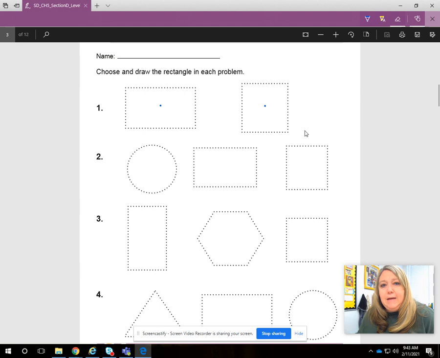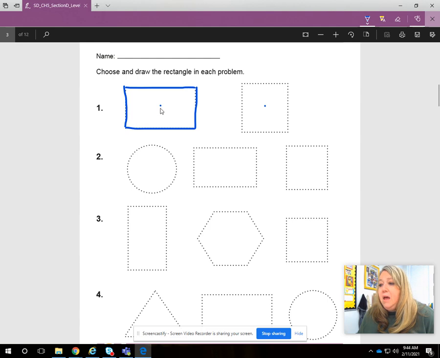They're all the same length. And so that cannot really be a rectangle. So this shape though, oh my gosh, there's two sides that are long and two sides that are short. So this is my rectangle for sure.